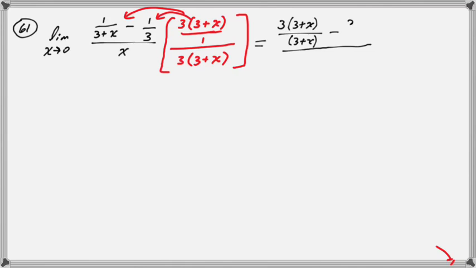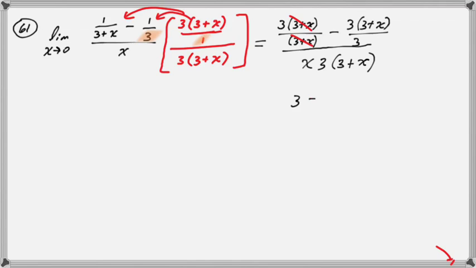So I have 3 times 3 plus x. Now what happens when I multiply denominator times denominator? You get a 3. On bottom, you have x, 3, and 3 times 3 plus x. Now what happens? Can these cancel?